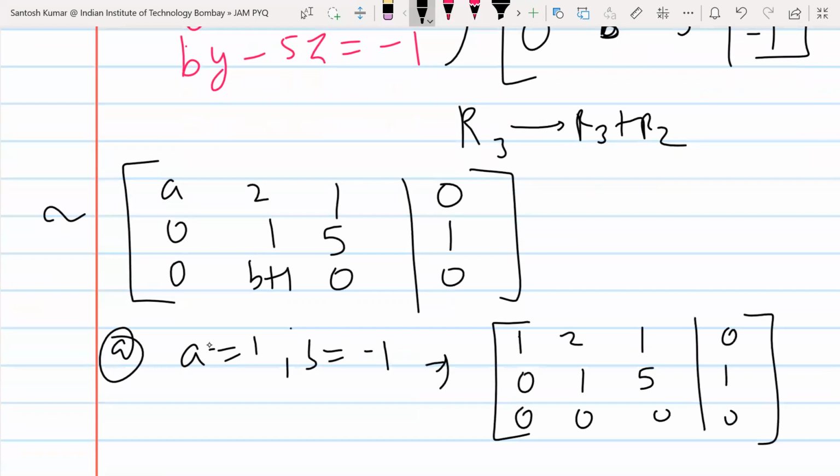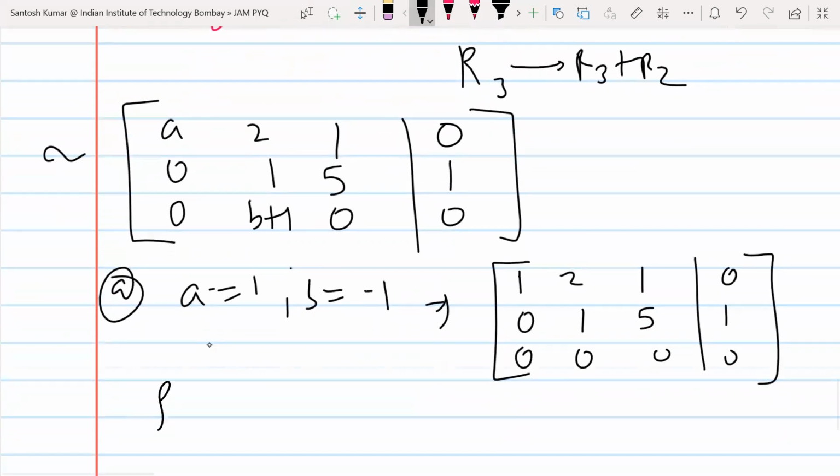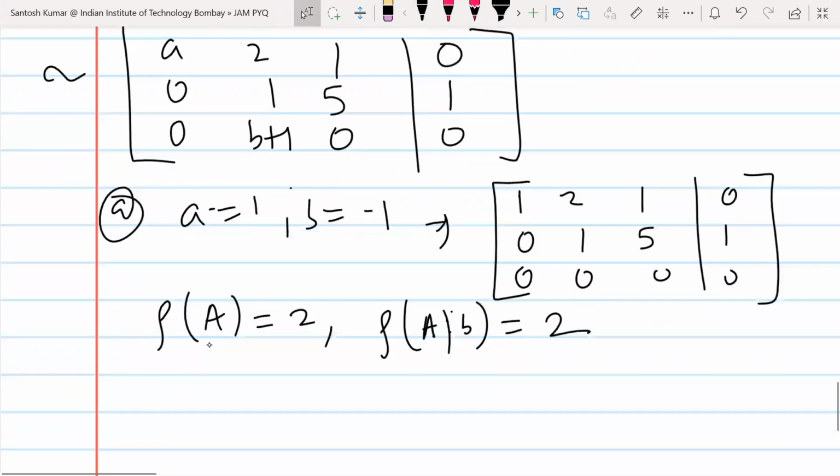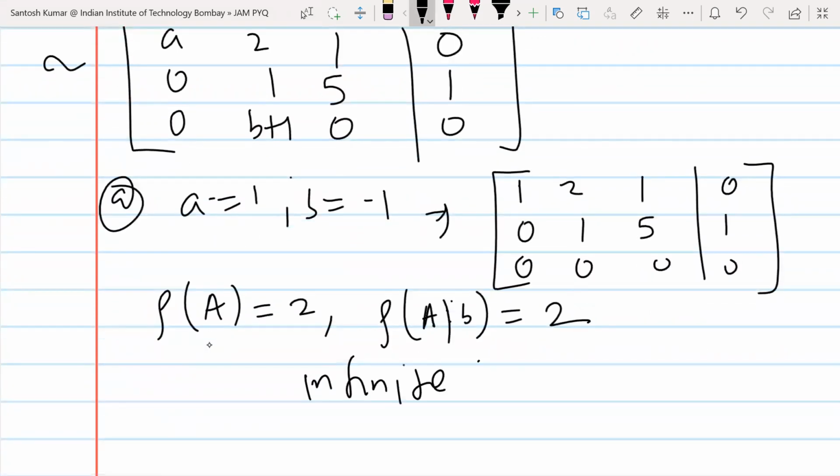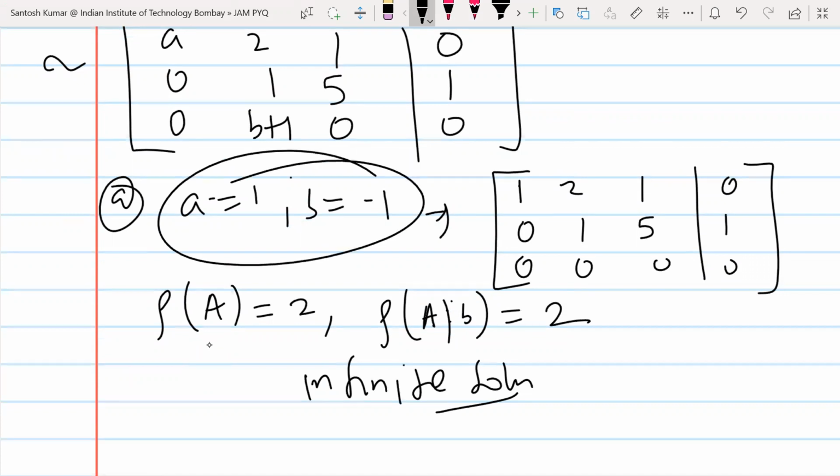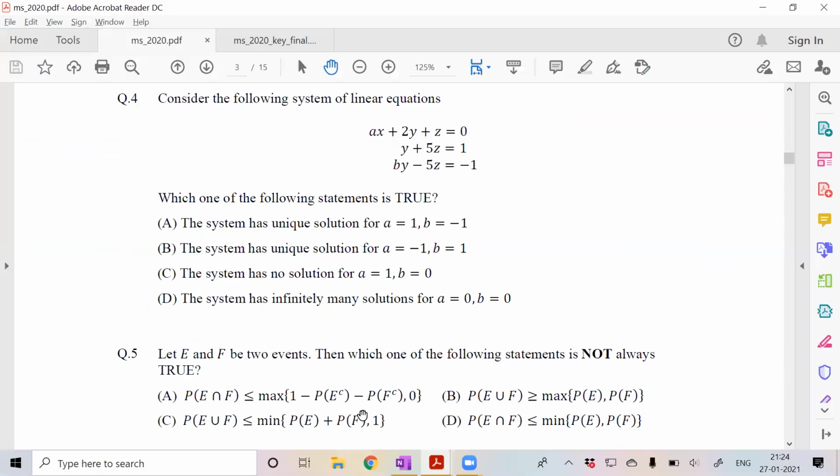Now we can see the rank of matrix A alone is 2, and the rank of the augmented matrix is also 2. I'm counting the number of non-zero rows, the number of linearly independent rows. So it has infinite solutions. Option A says unique, so A is not the correct option.